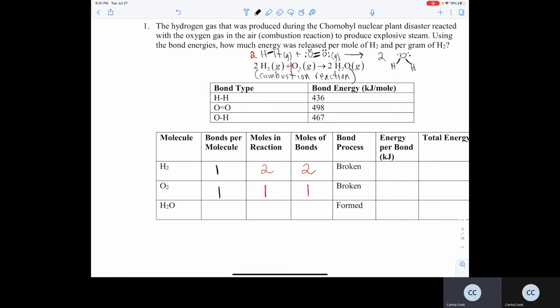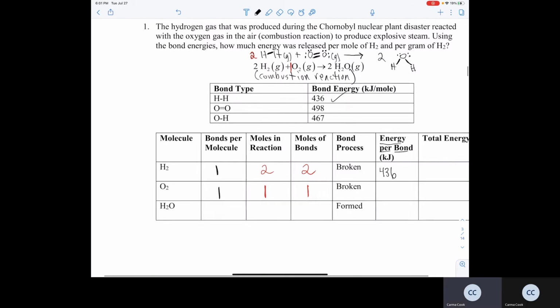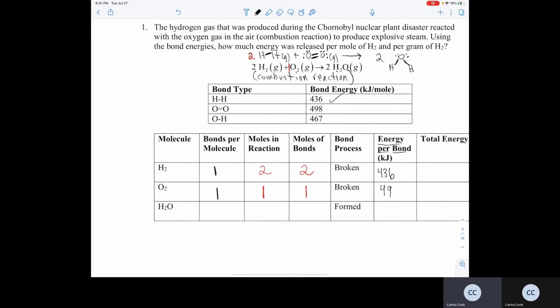So for H2, the energy per bond is 436. For O2, the energy in that OO double bond is 498. Our product is formed by forming bonds.